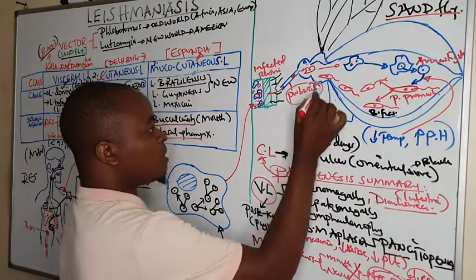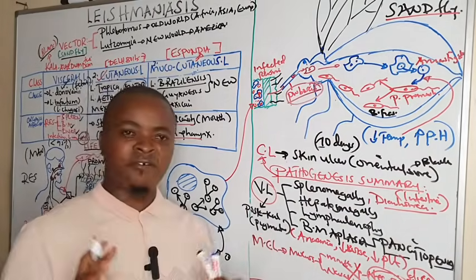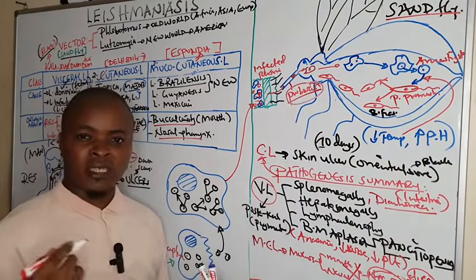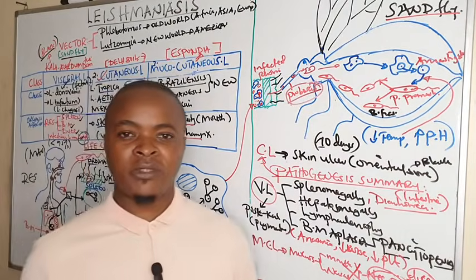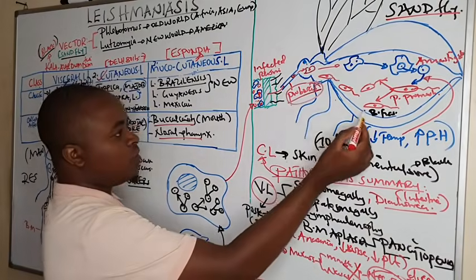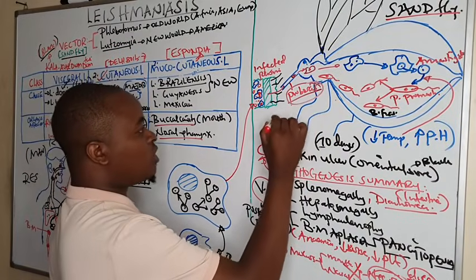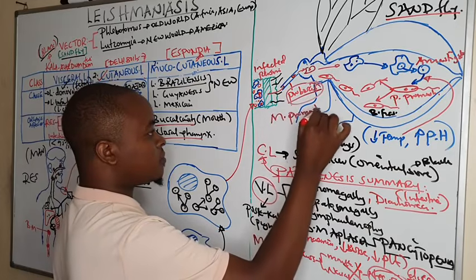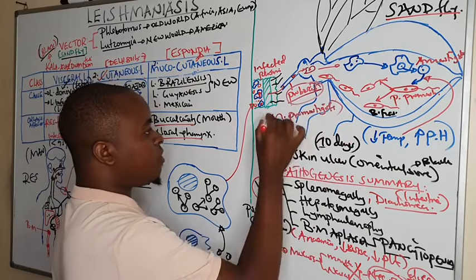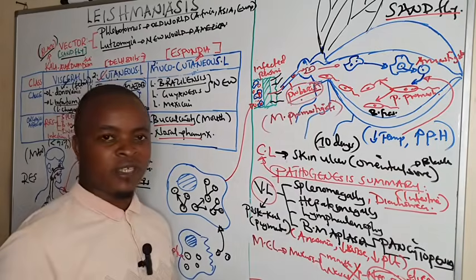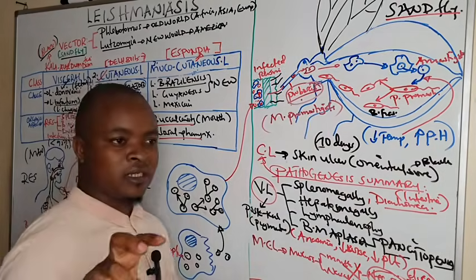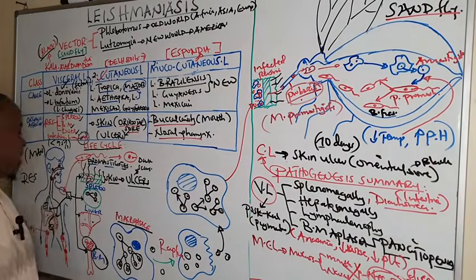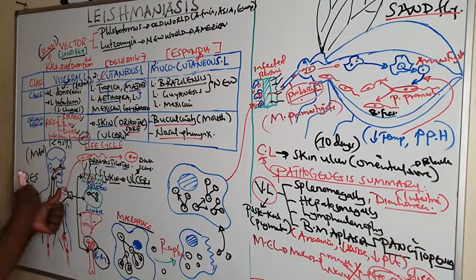These ones go to the proboscis of this sandfly, ready to be inoculated when the sandfly is taking a blood meal. So these promastigotes, which we are going to call metacyclic promastigotes, which are found within the proboscis, are inoculated in man when the sandfly is taking a blood meal, and the life cycle will continue.